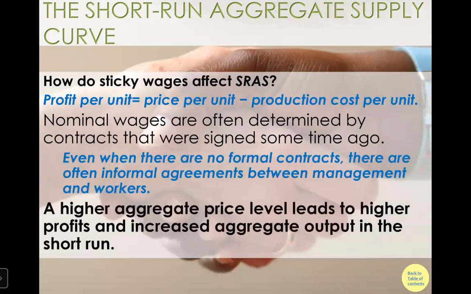Now here, we just use another way to express the example I just gave you, right? So how does sticky wage affect short-run aggregate supply? We look at profit per unit. The profit per unit equals price per unit minus cost per unit. Okay. When the price increases, due to the sticky wage, the production cost per unit usually stays constant.